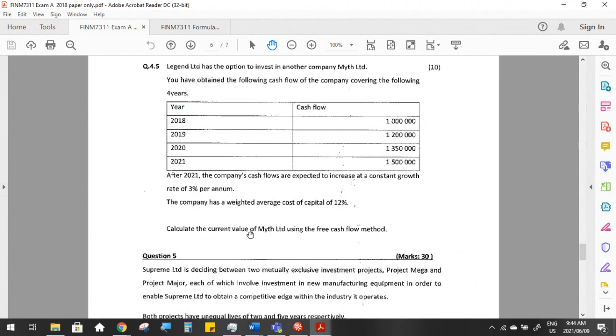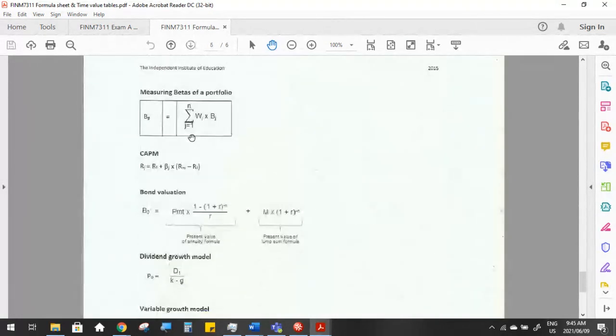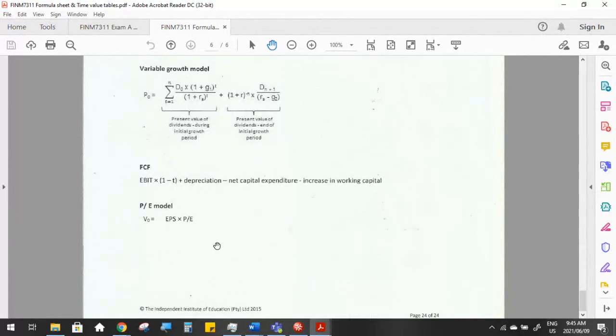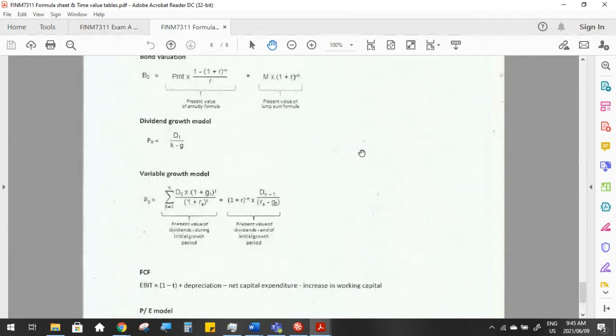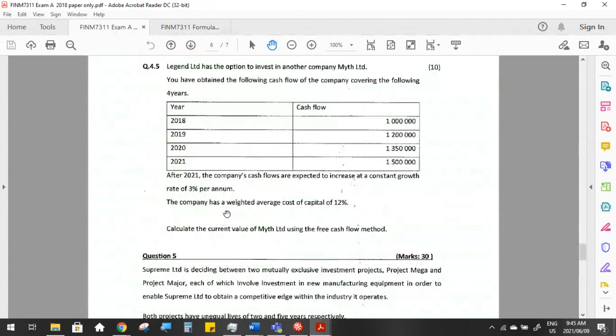Okay, so again, they want the value of the company using the free cash flow method. So remember, on your formula sheet, you have got the formula for working out the actual free cash flow, but remember you have to use the variable growth model for working out the valuation of the company.